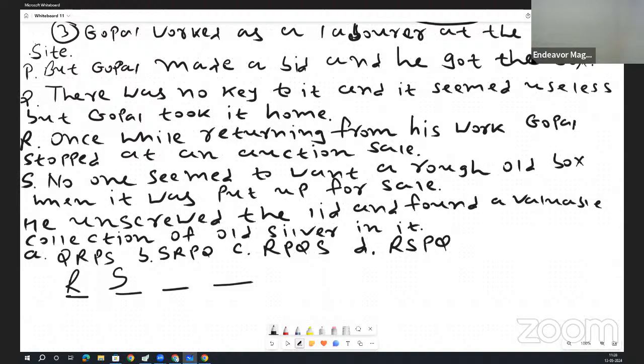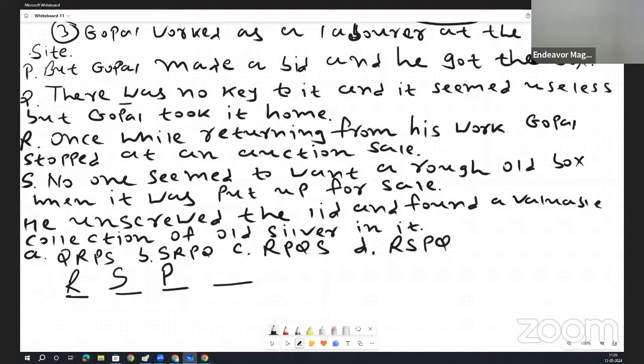But there was no key and it seemed useless, but Gopal took it home. But Gopal made a bid and he got the box. No one seemed to want a rough old box, but Gopal was interested. So the next sentence, students, should be P. Then of course Q: there was no key to it.